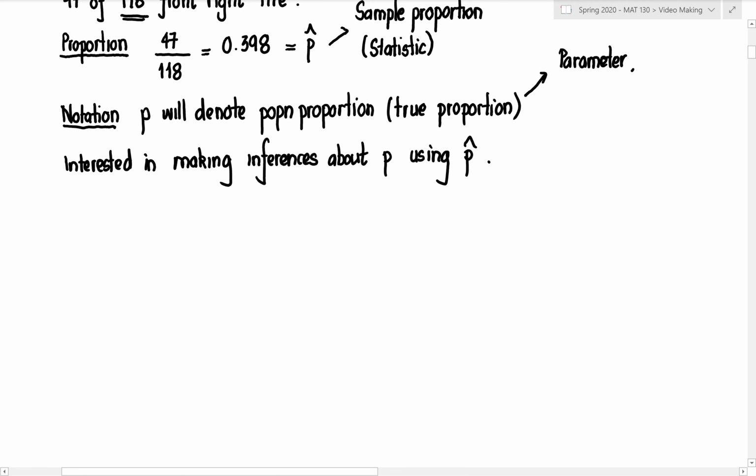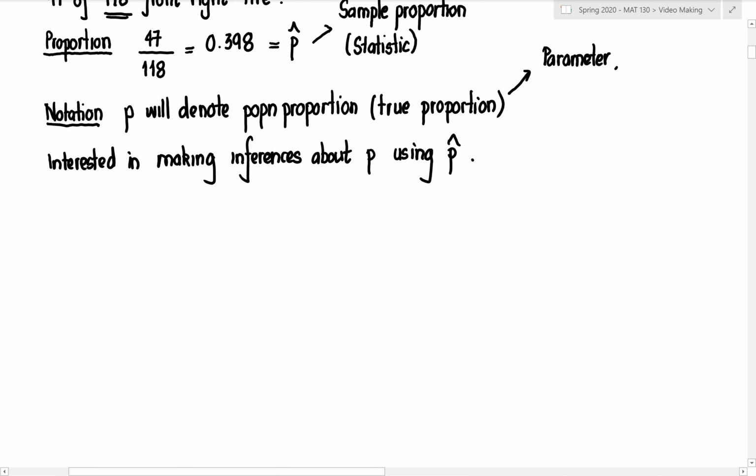We are going to compare this with what we've been doing so far, which is making inferences about the population mean using our sample mean.